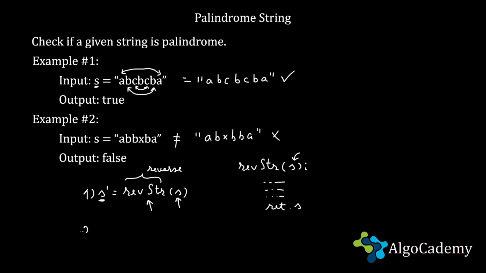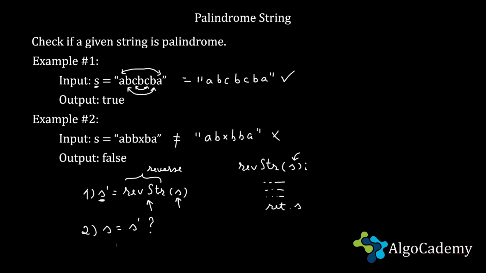And here we can do the second step, which is of course check if s is the same string as s prime. And I'm pretty sure that in every language you can check this either with syntactic sugar or with a built-in function, so it's very simple.